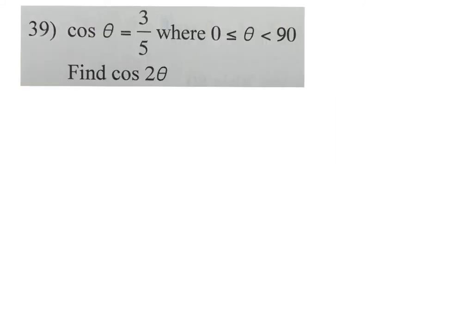All right, so for this one, they want cosine of 2 theta. Specifically, your original theta is in the first quadrant, all right? And they want the cosine of that double angle, all right? And so if I'm in the first quadrant and I double the angle, what quadrant am I going to end up in? If I start between 0 and 90, I can double this.